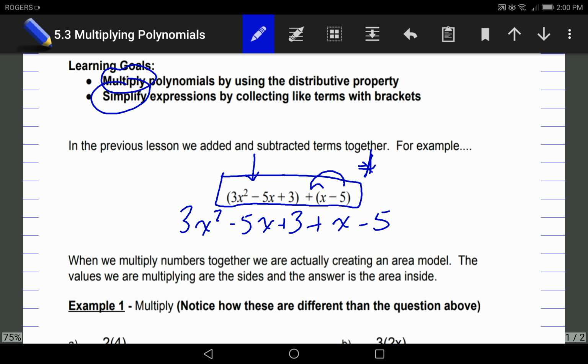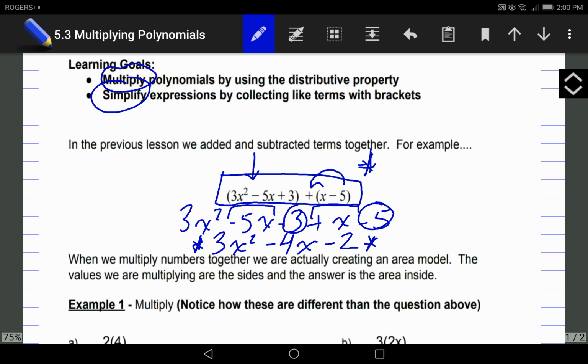You end up getting 3x squared, and then I have a minus 5x plus 1x. So negative 5 plus 1 is negative 4x, or minus 4x. And then plus 3 minus 5, which in your calculator is just minus 2. That would simplify down, and you can't go any further than this because there are no more like terms.